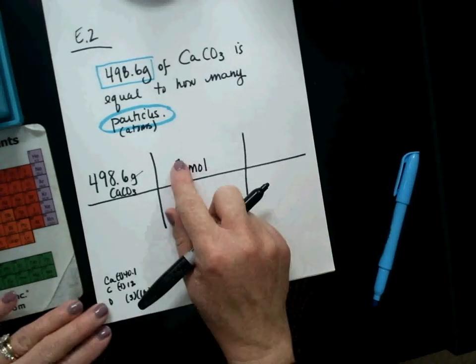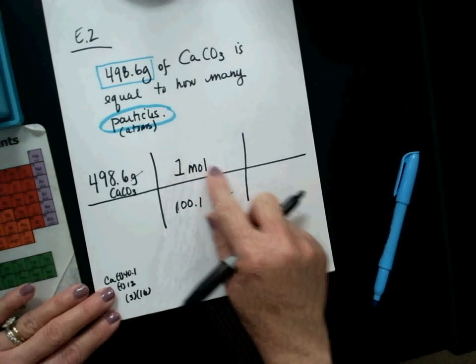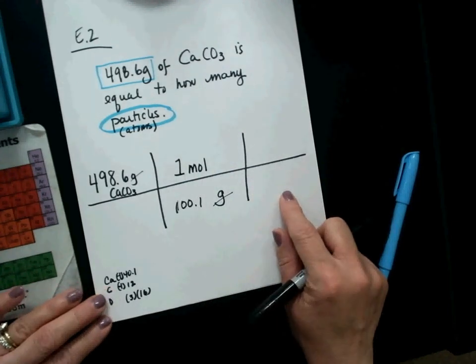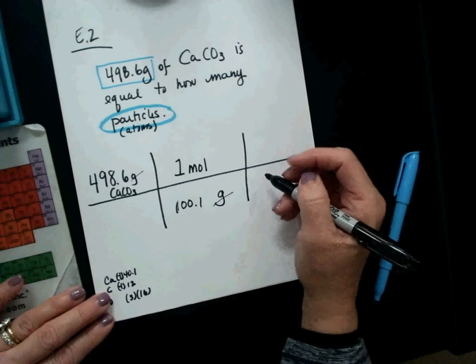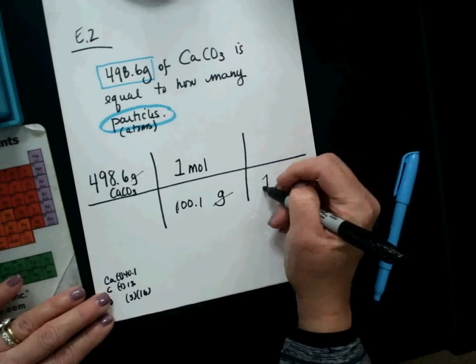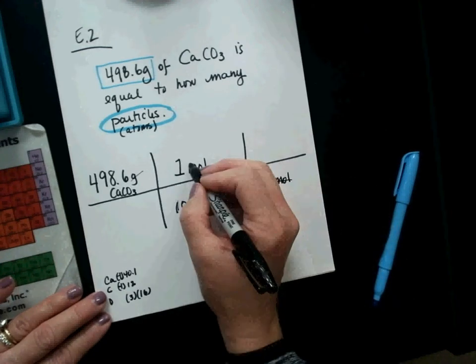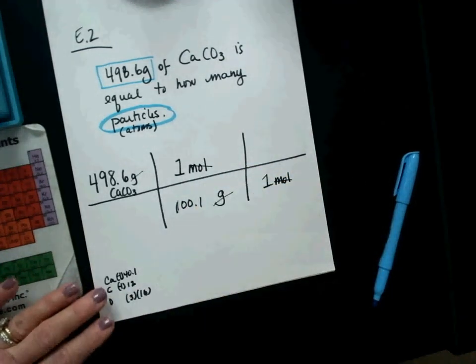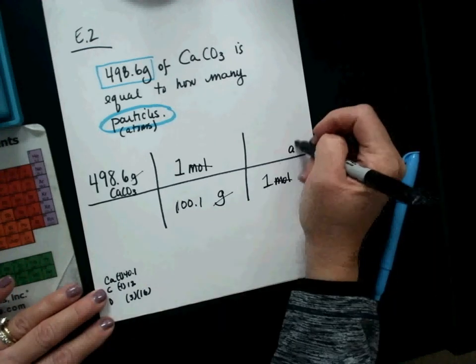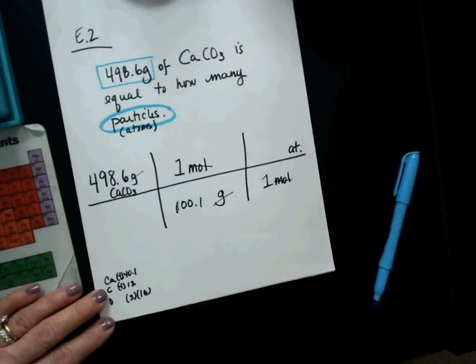Now, my grams have canceled out. That's great. That's what we want to happen. I'm in moles. So what has to go down here? Carly? Moles. What's the only number I can use for moles, Caleb? 1. What do I want to end in? Who have I not heard from? Mara, what do I want to end in? Atoms?